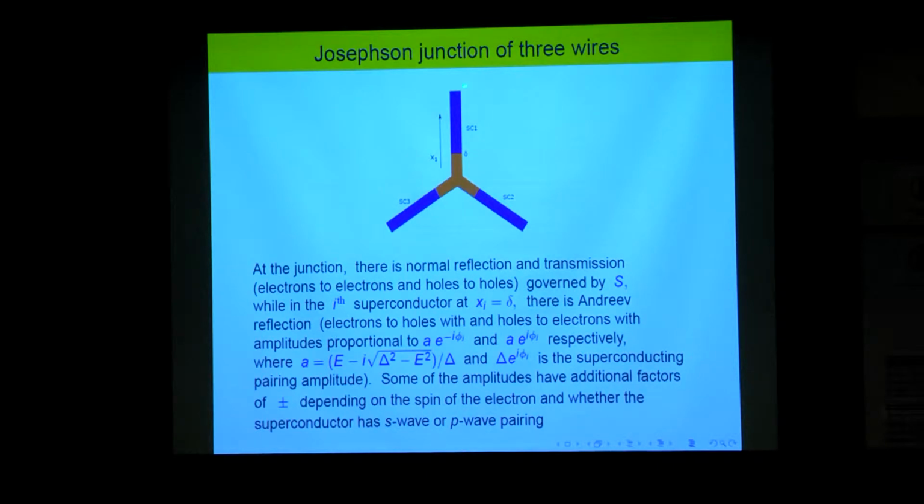So the entire system is just this much. Outside this are the normal leads connecting to these wires. So well, I would say they live everywhere, but this region is very small, so essentially they live in the blue regions. Okay, so that's where these Andreev bound states are.